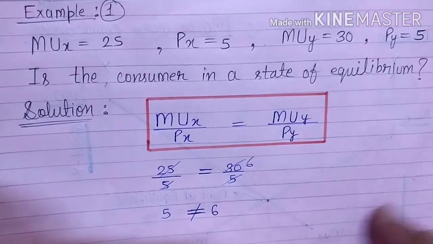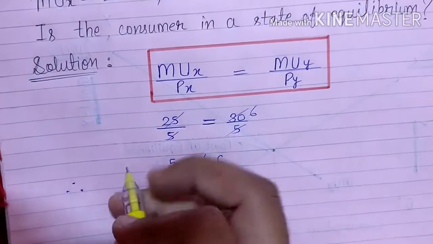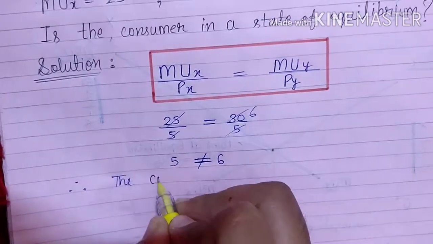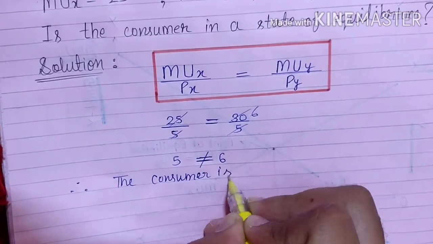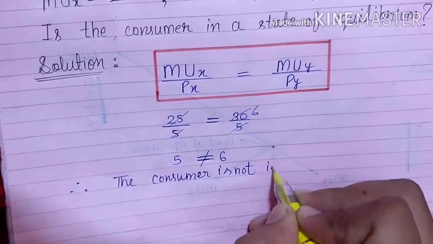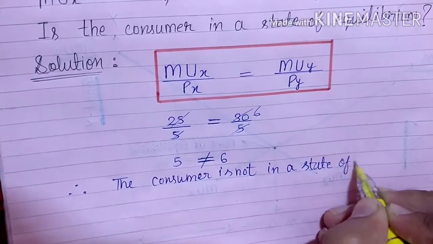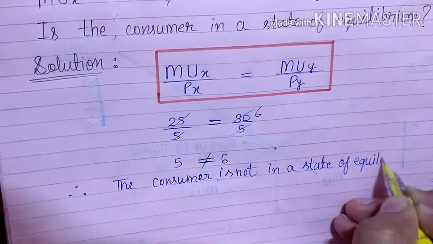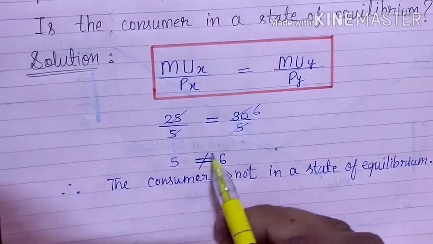So what we can say, it implies that, therefore, the consumer is not in a state of equilibrium, because they are not equal.